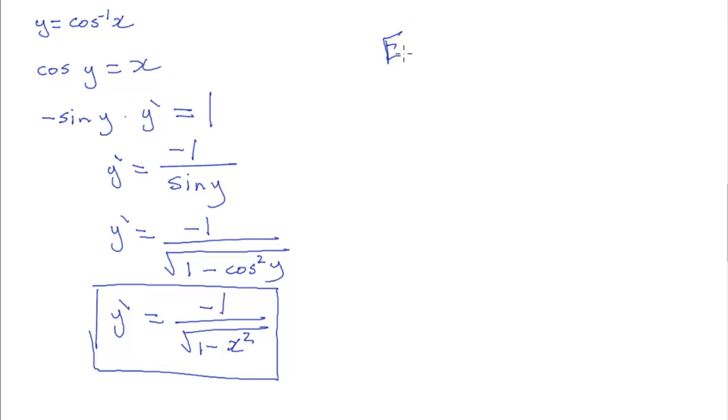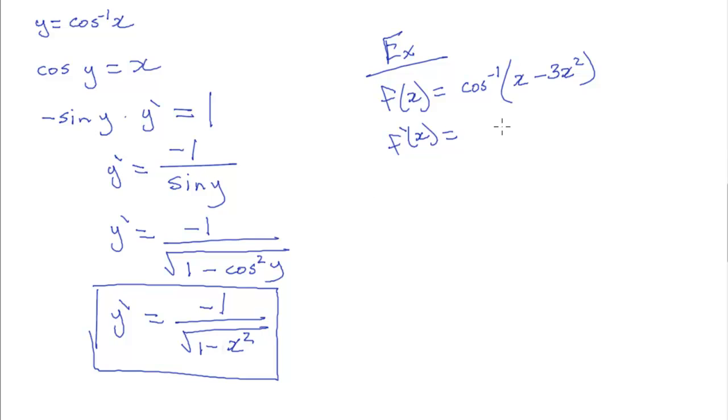So let's try another short example of that one. Let's say f of x is equal to cosine inverse of x minus 3x squared, perhaps. f prime of x, then, the derivative, is negative 1 over the square root of 1 minus the argument, or the part that comes after the inverse trig function, stays the same, and it's all squared.